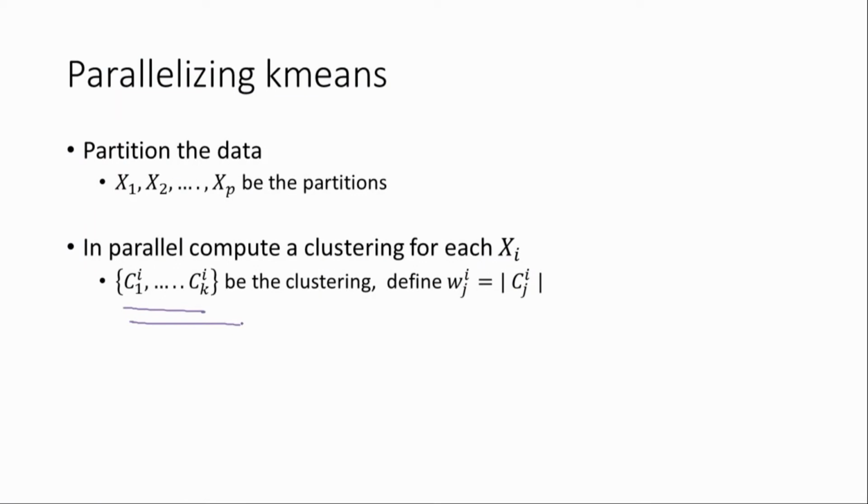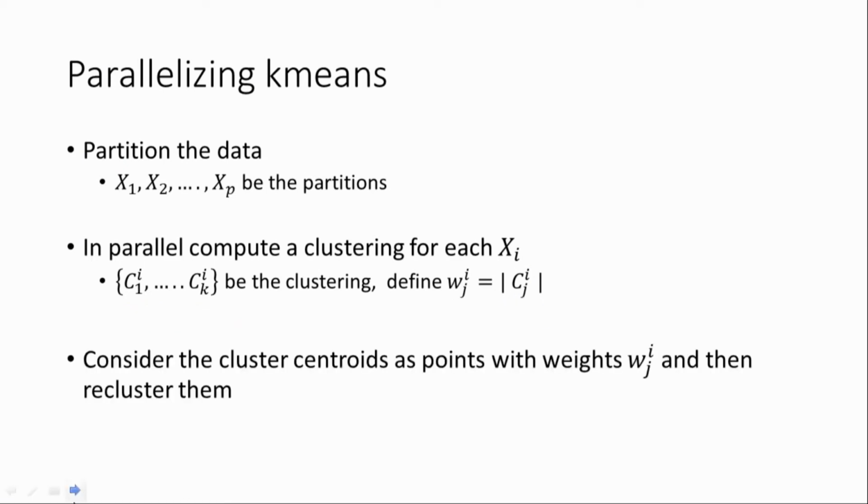You first partition the data points into, let's say, p partitions, and first we calculate a clustering for each of the xi's. This is the clustering for the xi, ci1 to cik. Then we define the size of each cluster.